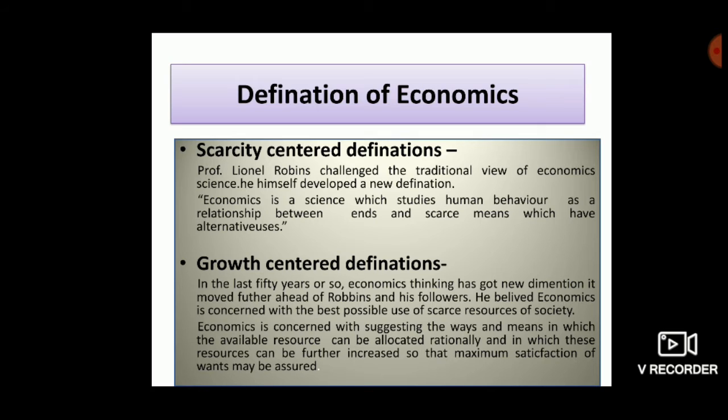Some of the definitions given by these economists are as follows. Stigler says that economics is the study of the principles governing the allocation of scarce means among competing ends when the objective of allocation is to maximize the attainment of the ends.